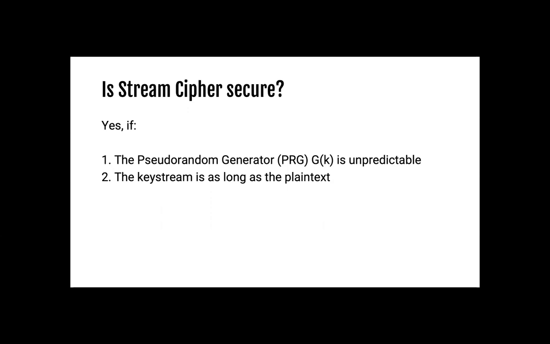One of you asked, can I give an example of what a key string looks like? A key string is a bit string, like 0101, a lot of zeros, a lot of ones. That is a normal key string, and this is generated by the pseudo-random generator. When I say it is generated by the pseudo-random generator, it means the generator generates a pseudo-random number according to the key that we give it.